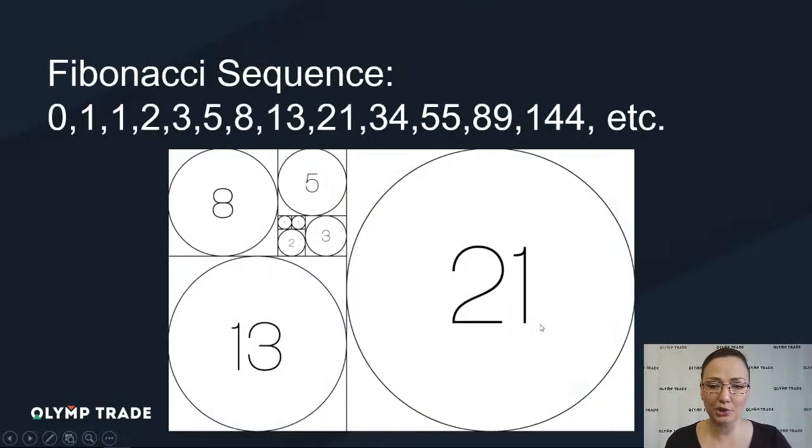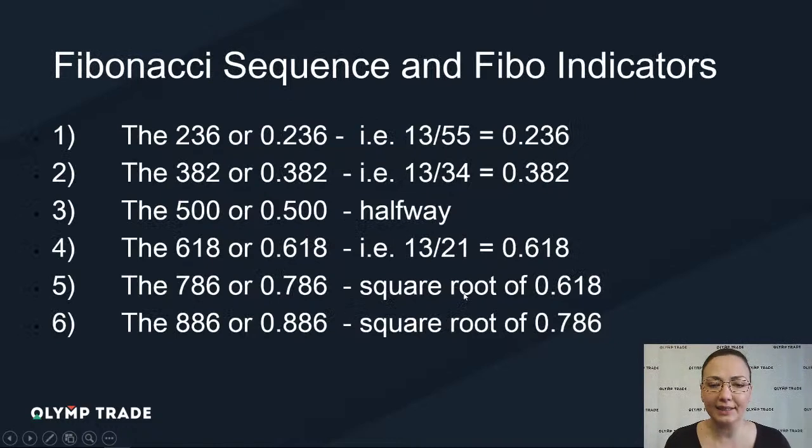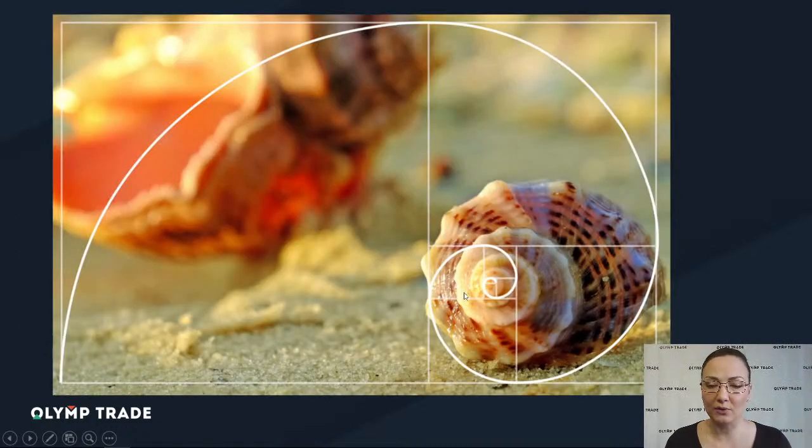So this is what I was showing you. This is the Fibonacci sequence. We have 1 plus 1 equals 2, 2 plus 3 equals 5, 3 plus 5 equals 8, and so forth. Right here we have 13 and 21. Look how you can see these things in nature, right here in this seashell. We have 1 plus 1 is 2, 2 plus 1 is 3, 3 plus 5 is 8, and so forth.